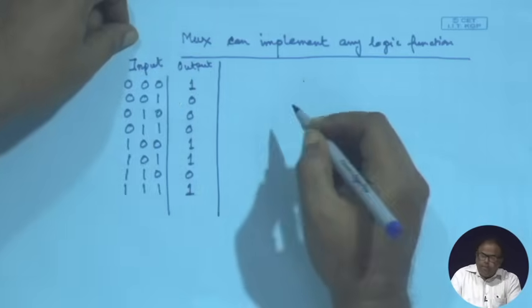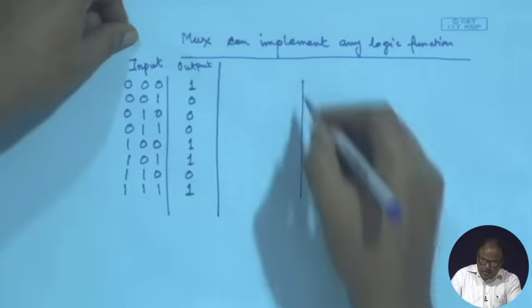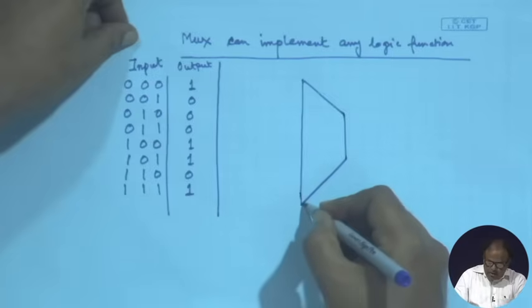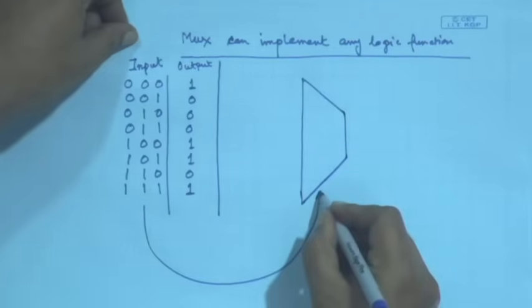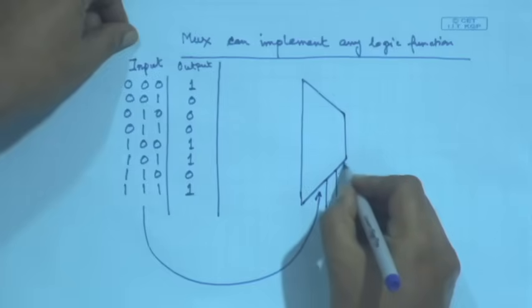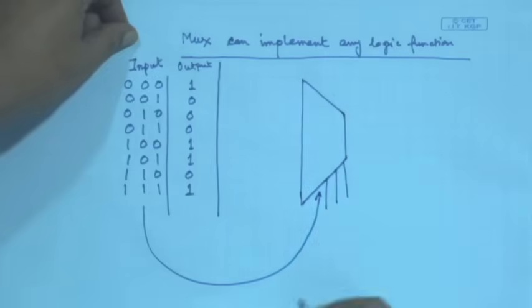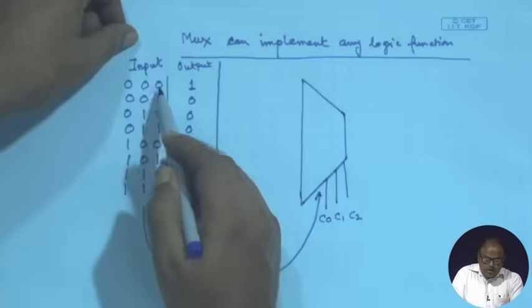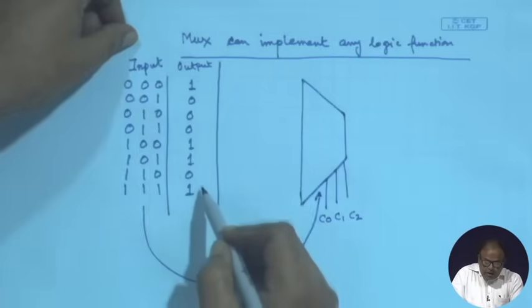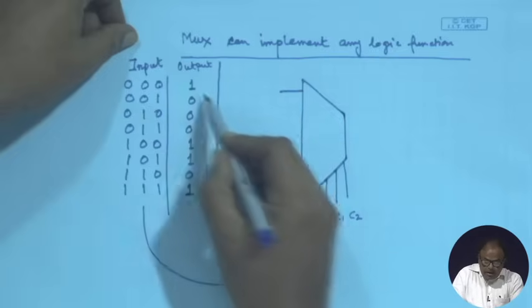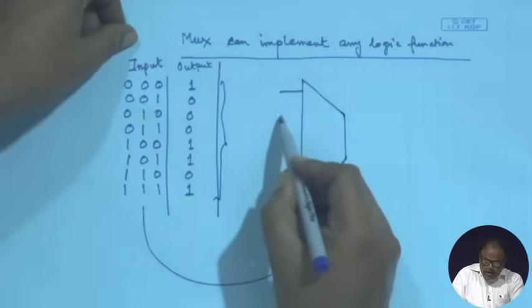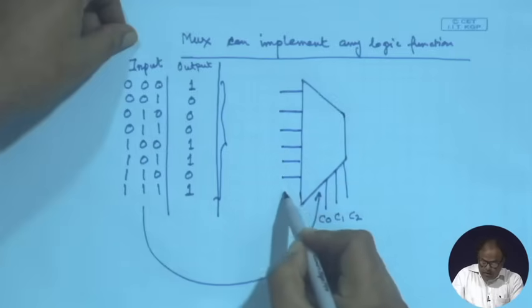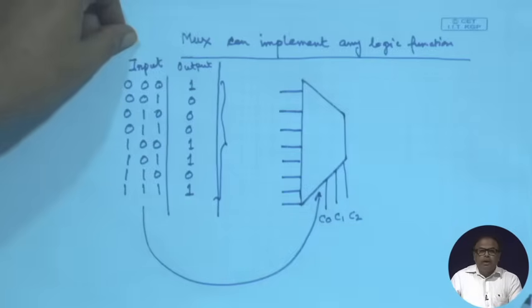Now, if I select a multiplexer with these input lines serving as 3 control lines, C0, C1, C2, and all these 8 outputs coming as 8 input lines.